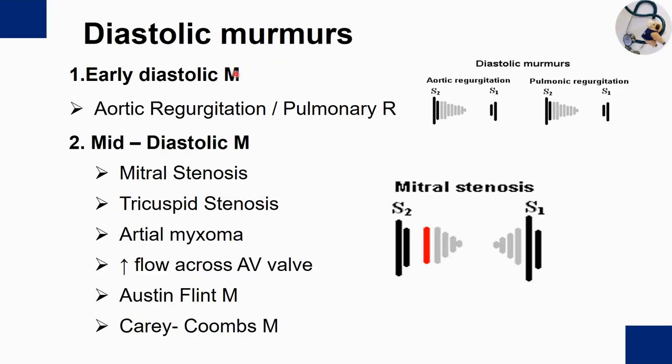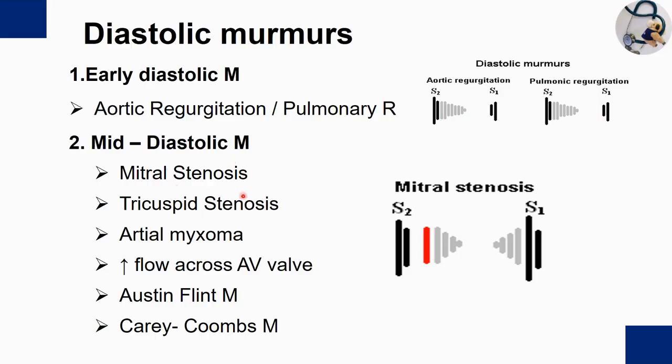Diastolic murmur can be early diastolic murmur, heard in aortic regurgitation or pulmonary regurgitation. This diagram is showing aortic regurgitation murmur and pulmonary regurgitation murmur. Diastolic murmurs begin after the second heart sound. You can see in this figure. Then comes the mid-diastolic murmur.